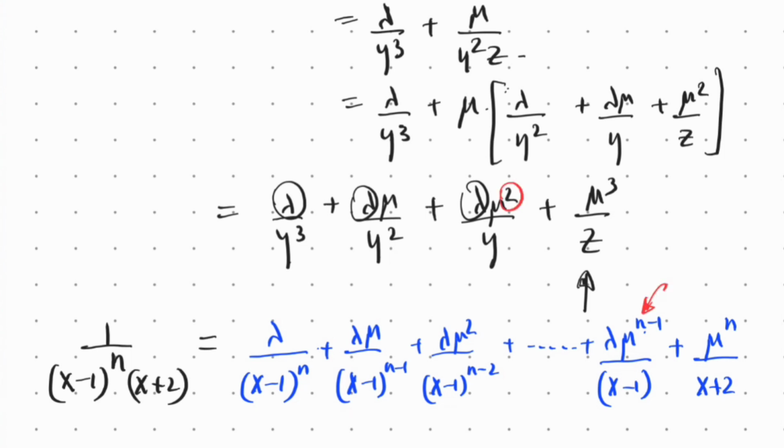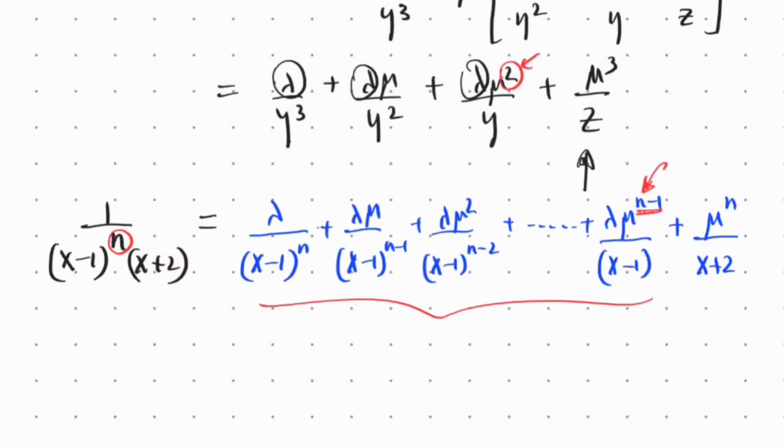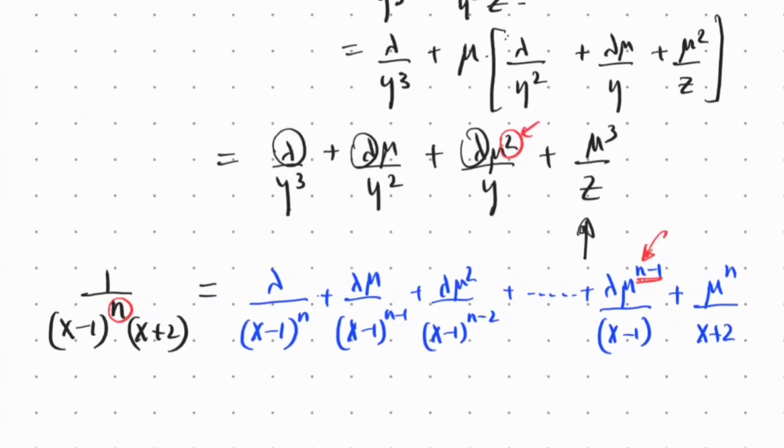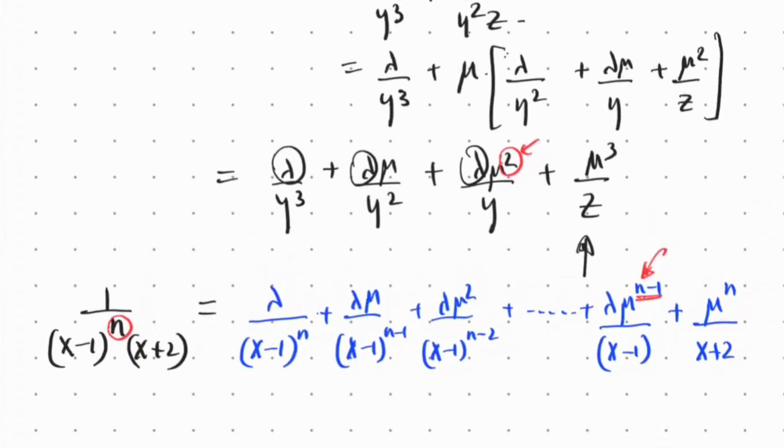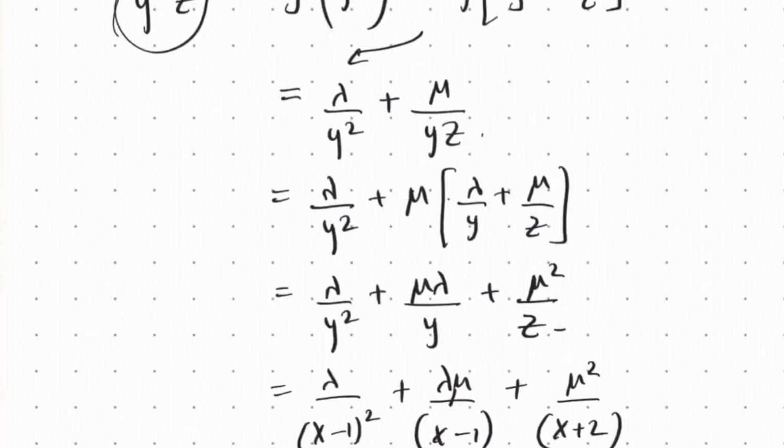If you look at this, you will understand it, because when I was dealing with the cube, this was just 2. So since I'm dealing with the power of n here, I have to have n minus 1 there. This is not a must to understand, but I'm just showing you that you can understand it if you look at the shape each of these questions have.